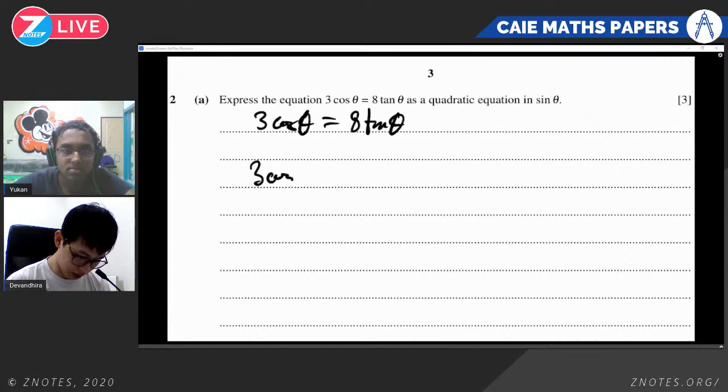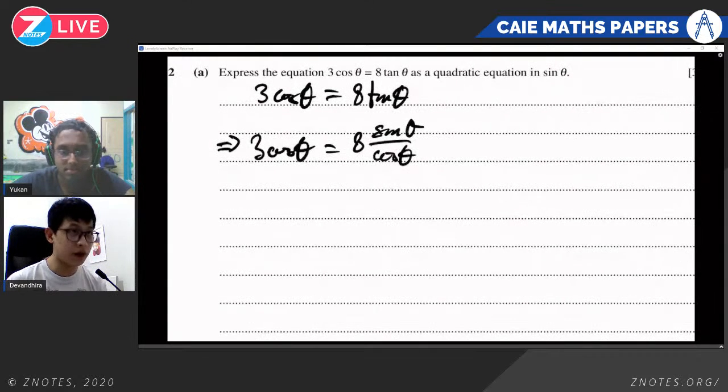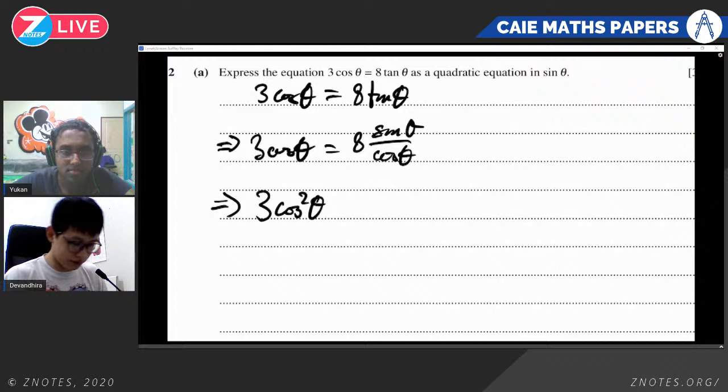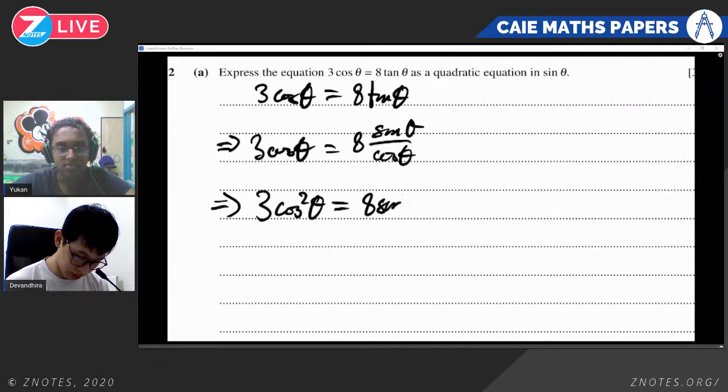So 3 cos theta is equal to 8 sine theta over cosine theta. We'll have to multiply both sides by cosine. So we'll have a cosine squared here because cos times cos is cos squared, which is equal to 8 sine theta because cos theta here got cancelled.